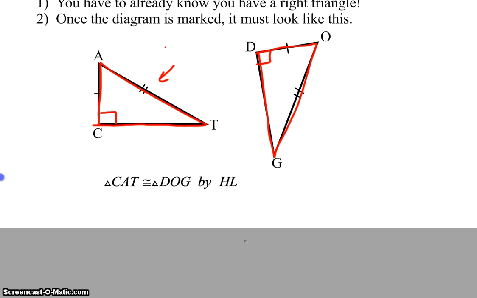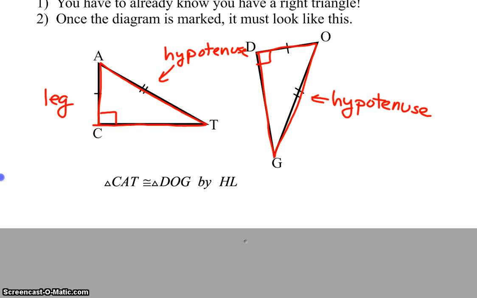This side is the hypotenuse, the longest side, always opposite the right angle. So you can see our hypotenuses match. They have the same little tick marks on them showing they're congruent. And AC is a leg, and notice it matches with the corresponding leg of DO. If it had said AC congruent to DG, we could not use HL as a proof.